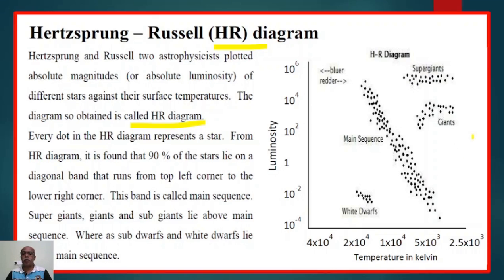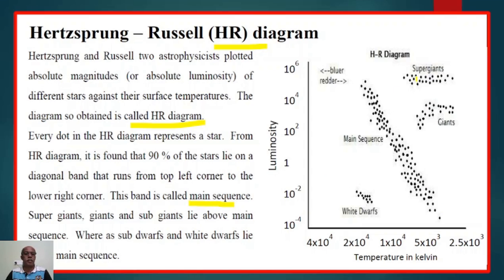From the HR diagram, we can observe that 90% of the stars are located on a diagonal band that runs from the left top corner to the right bottom corner. On that diagonal band, 90% of the stars exist. And this diagonal band is called the main sequence.